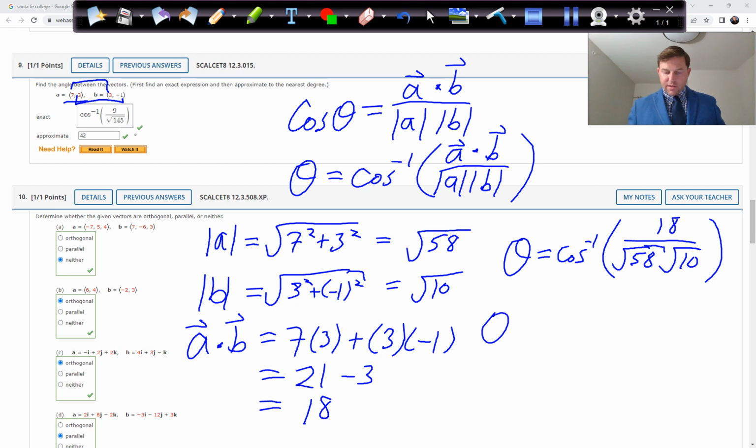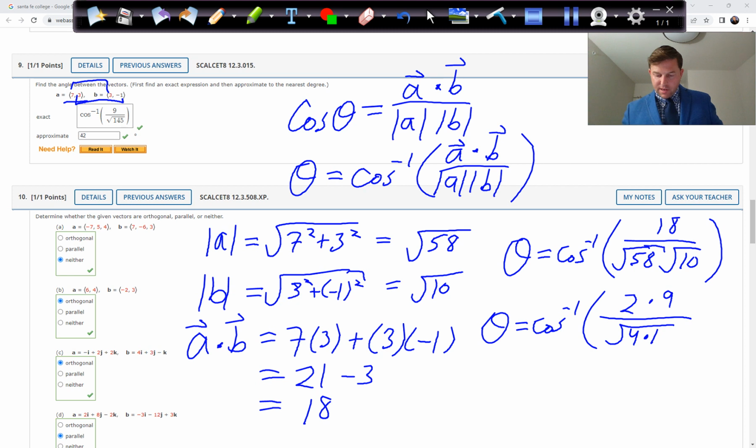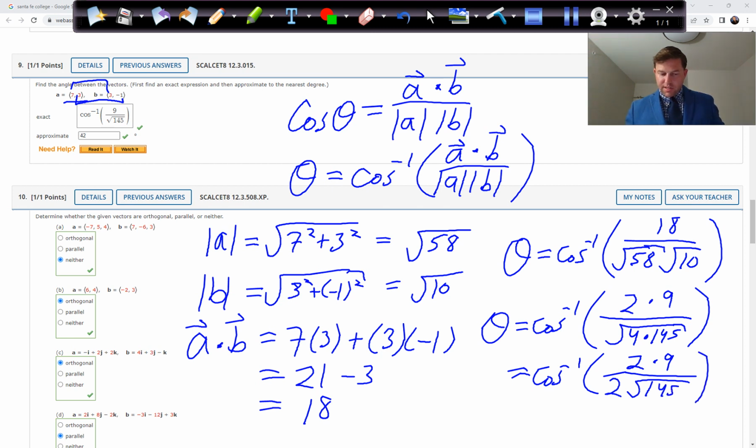And this is going to end up being, let's see, this is 2 times 9. This is the square root of 580, and it turns out that you can divide 580 by 4, and so you'll get the square root of 4 times 145. This 4 will come out as a 2. So it's 2 times 9, 18 on top, 2 square root of 145. Those 2's will cancel, and you'll just get 9 over the square root of 145.